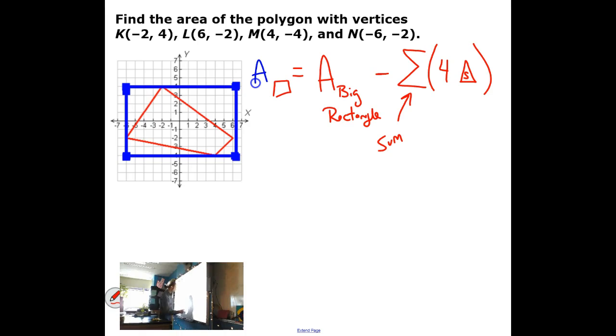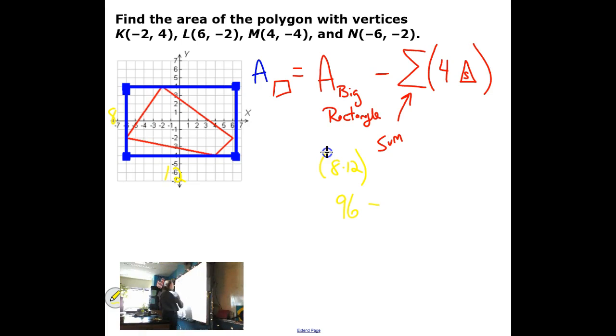Okay, I can handle that. This total length is 1, 2, 3, 4, 5, 6, 7, 8. So this is 8. This is 1, 2, 3, 4, 5, 6, 7, 8, 9, 10, 11, 12. So this is an 8 by 12 box, and the area of the big rectangle is 12 times 8, which is 96. Now what I need to do is find the area of the 4 triangles.